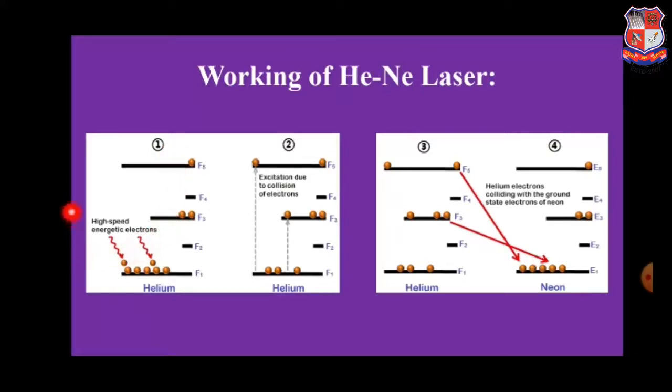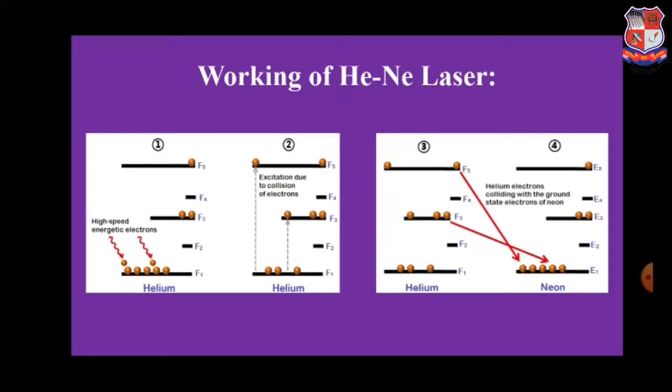So high speed energetic electrons, introduced by means of an external DC power supply to the anode and cathode contacts of the glass tube, bombard the atoms, and you can see some electrons have been lifted to the F3 and F5 energy states respectively. This process is known as excitation due to the collision of electrons.